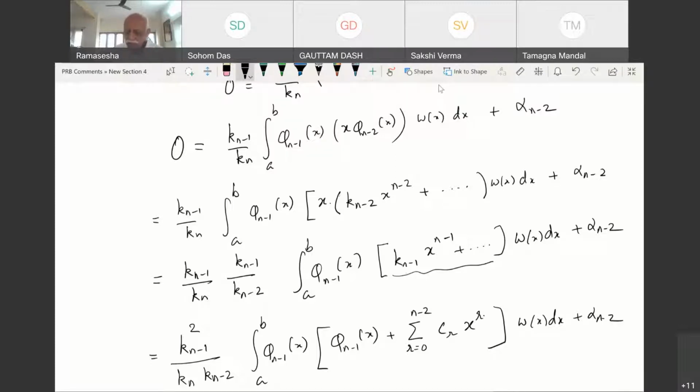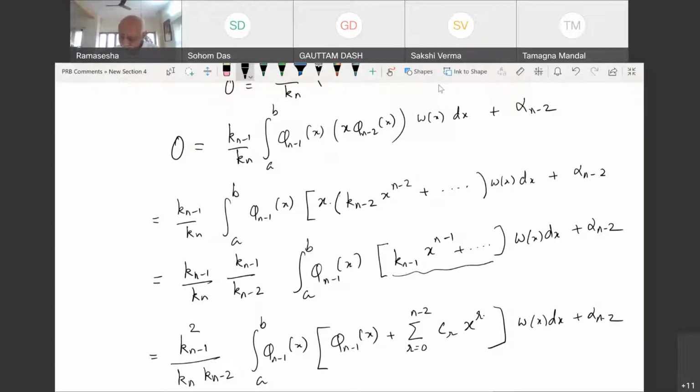I multiply by x, I get k_{n-2} x^{n-1}, and some junk, x^{n-3}, x^{n-4}, etc., up to a constant. Then I divide this entire expression by k_{n-2} and multiply by k_{n-1}.